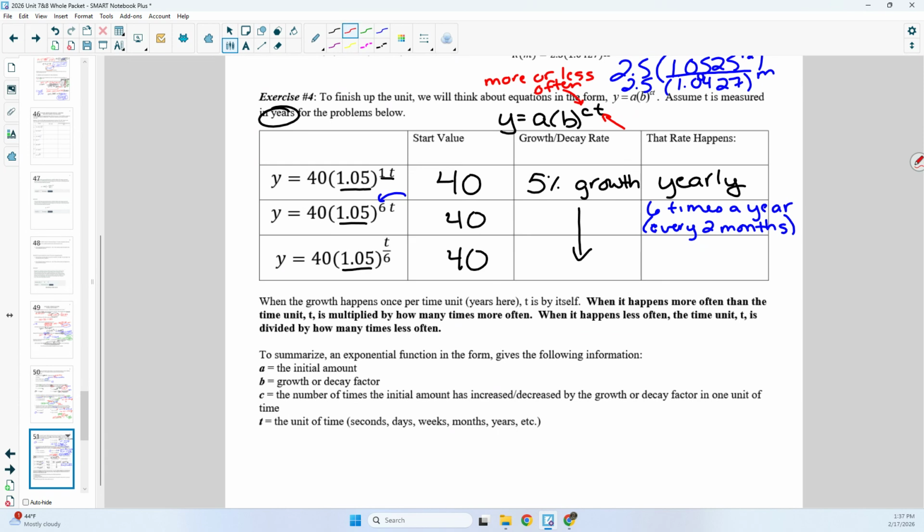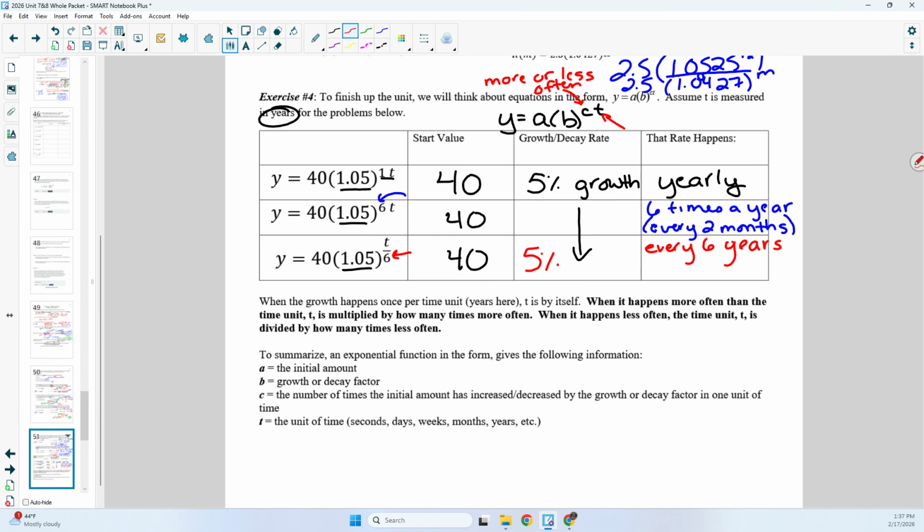The next one should remind you of the half-life formula. This is slowing down time because we're dividing. So the 5% growth happens every 6 years. We have to wait longer than a year. We have to wait 6 years, which goes along with half-life. If we said the half-life was 6 years and we had the half-life formula, that's where the 6 would go.